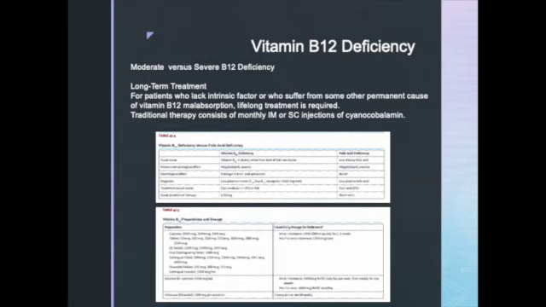Those patients that have undergone bariatric surgery or have GI diseases like celiac disease will also be at higher risk because they're not absorbing the B12 properly. Now, when B12 deficiency is caused by the absence of intrinsic factor, that's when it used to be called pernicious anemia. But now we can manage it more successfully.